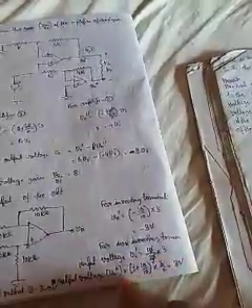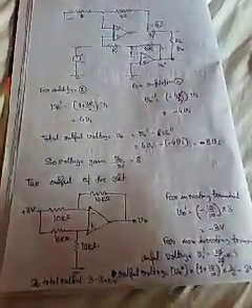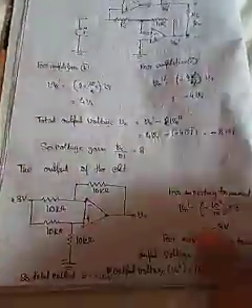So the input voltage Vi dash is equal to 10 by 20 into 3, that is 3 by 2, and hence we apply the output voltage V0 double dash, 1 plus 10 by 10, because this is non-inverting, that is 1 plus RF by R1, times the applied input 3 by 2. So 3 minus 3 becomes 0.